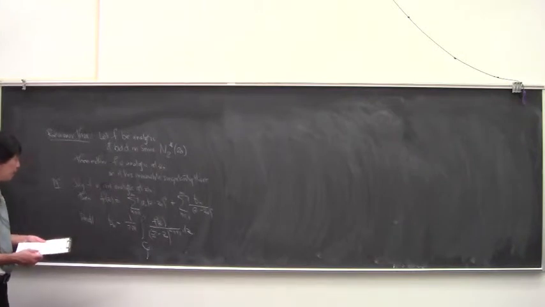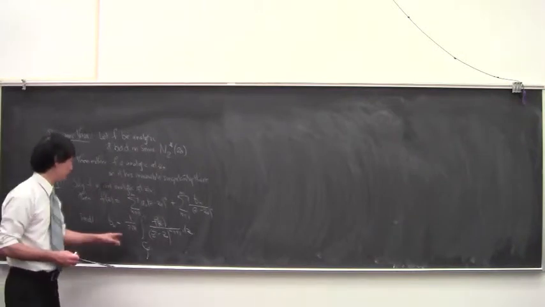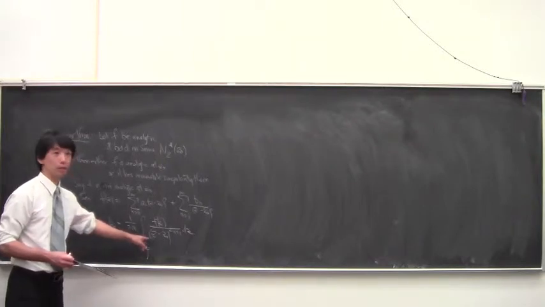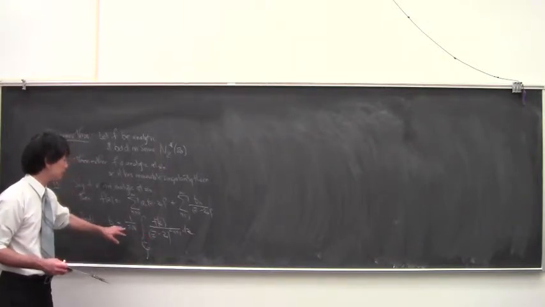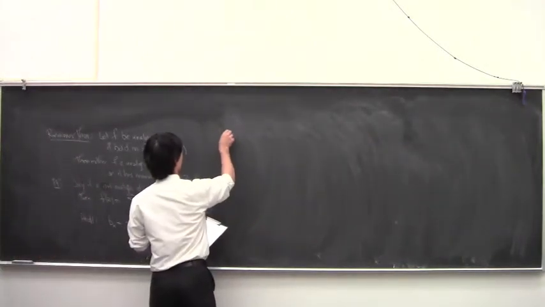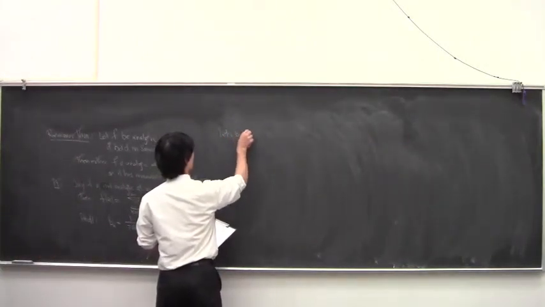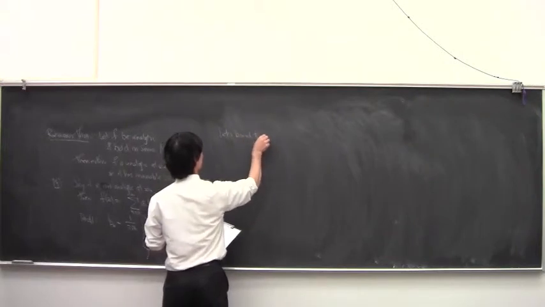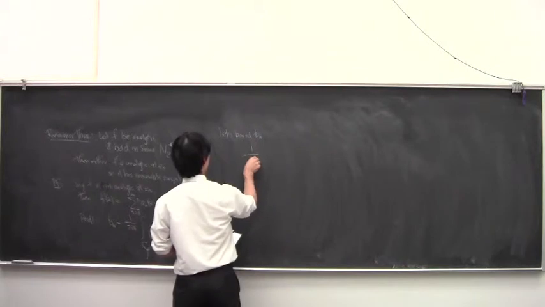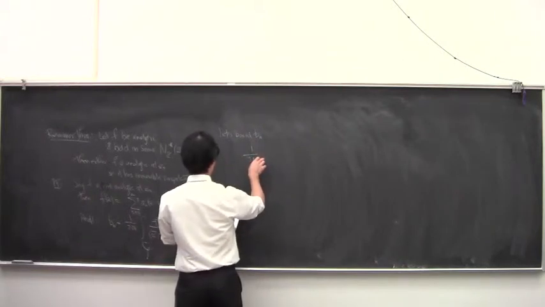And we're hoping to see that the b sub n's are all 0. So let's just attempt to get some crude bounds. Let's bound the b sub n.